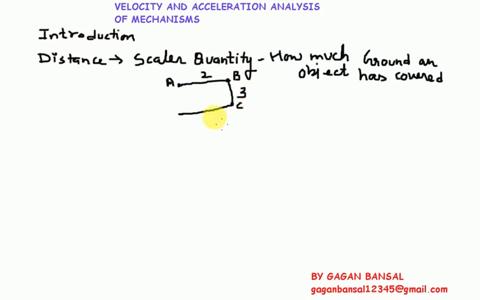Then it moves from C to D 2 kilometers in the west direction, and then from D to A 3 kilometers in north direction. That is, A to B in east direction, B to C in south direction, C to D in west direction, and then D to A in north direction, and reaches back to point A.